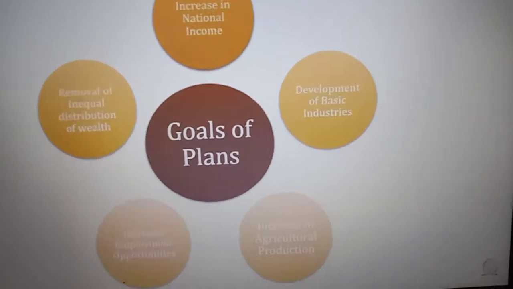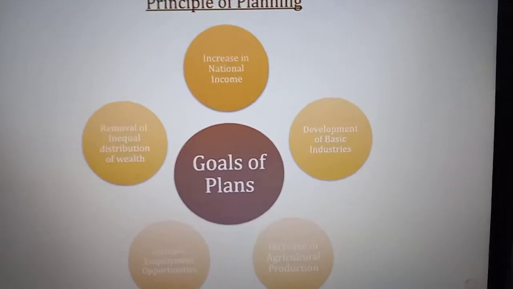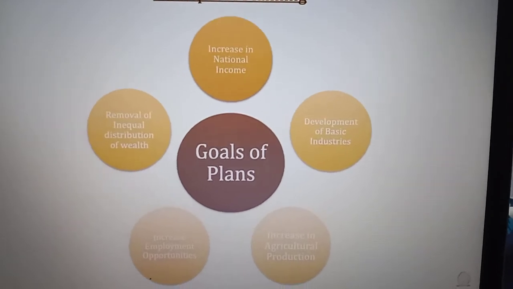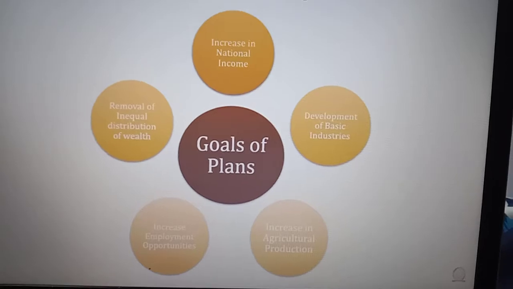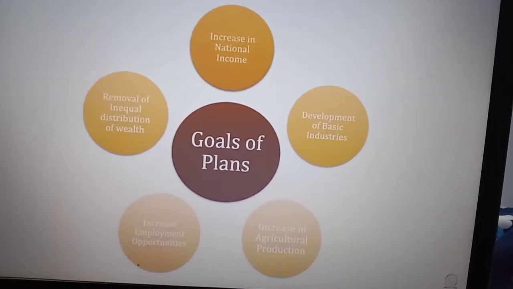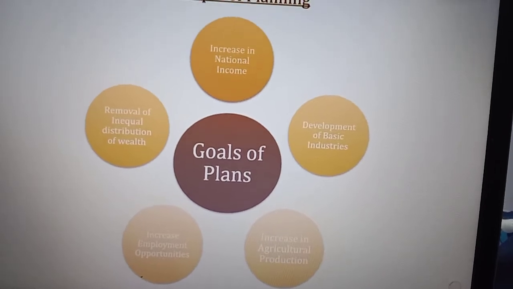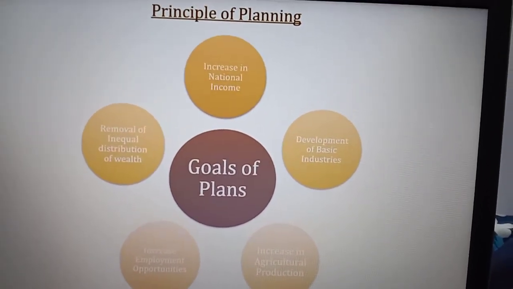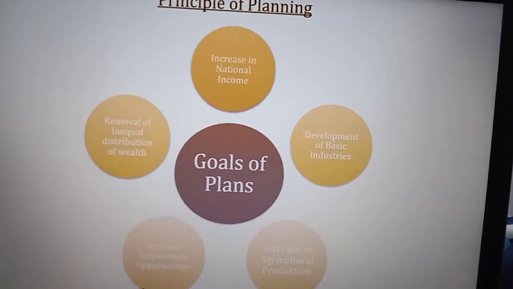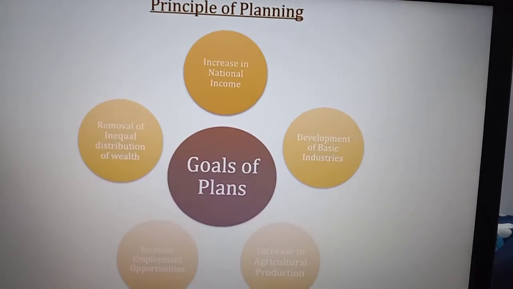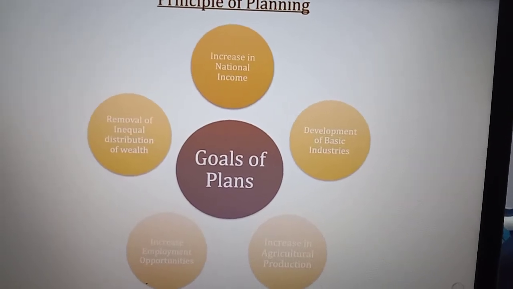Main basic industries will be there in our country: cottage industries, garment, whatever we are giving more importance to, because we know that India is a land of agriculture. So if we give more importance to the basic industries, we can collect more and more revenue, the economy can be improved, isn't that? National income can be improved.